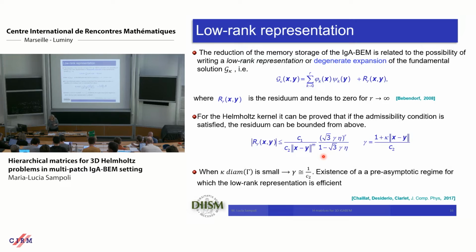I did not enter into detail, but this is related to the asymptotically smooth property of the fundamental solution. The Helmholtz fundamental solution is not asymptotically smooth, unless k is equal to 0, when the fundamental solution coincides with the Laplace one. But these are technicalities.